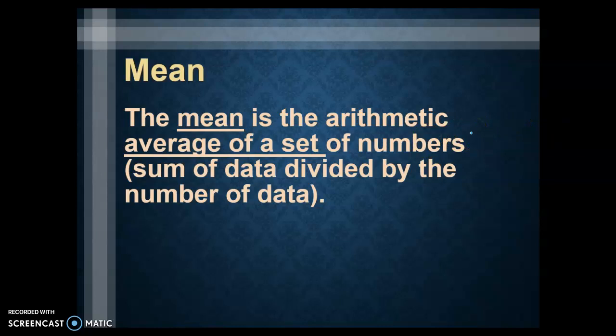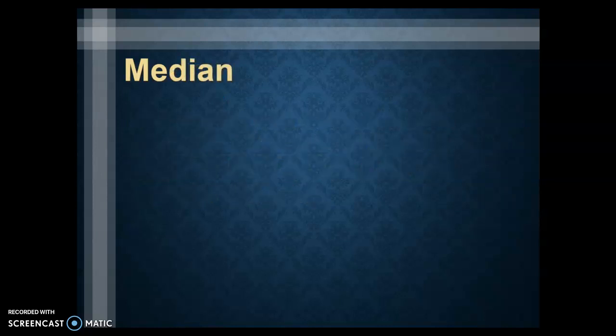We added all the numbers and we divided by the number of addends. And when we find your grades for you as a student, what we are finding is actually the mean or the average of your grades. So your final grade in math is not, you got a bunch of 100s, so you just get 100. We take all of your grades and we divide it by the number of grades there.